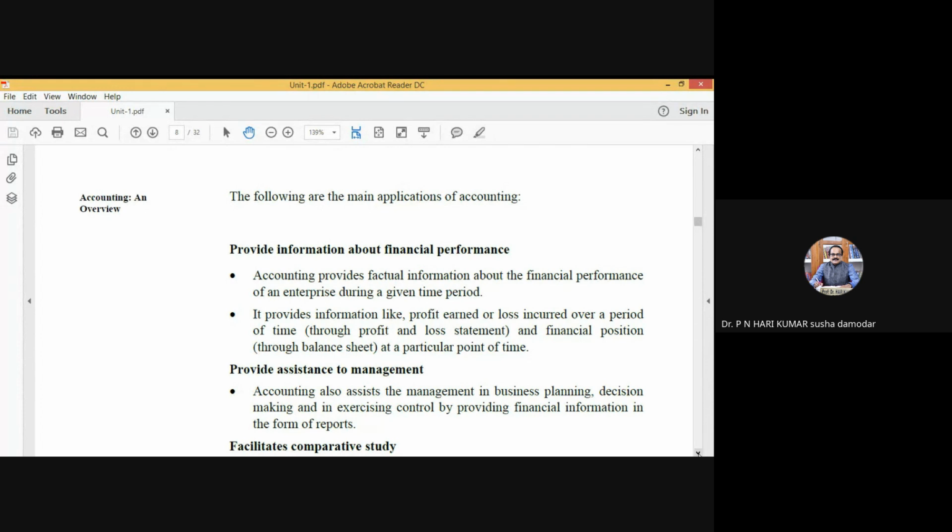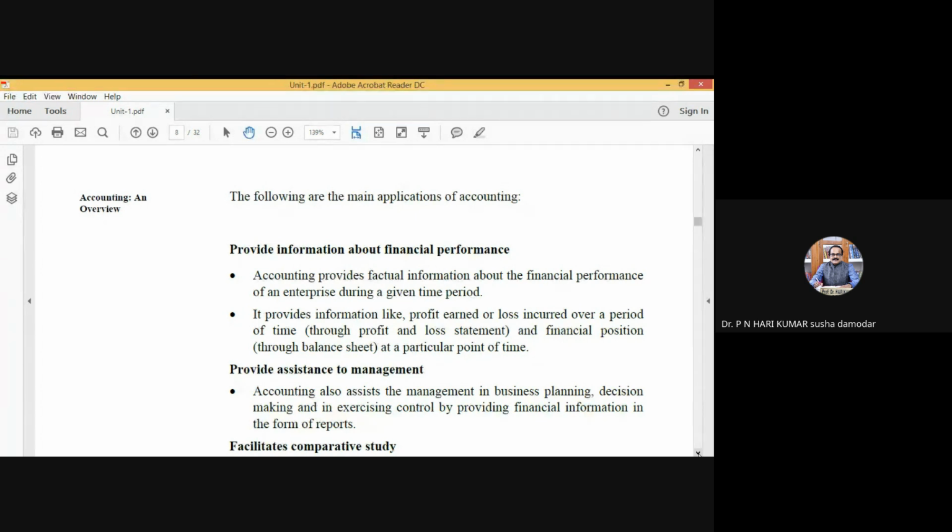The financial performance of any organization can be evaluated by considering the financial statements, which include the trading and profit and loss account and balance sheet, prepared strictly on the basis of the double entry principle. They also provide assistance to management.